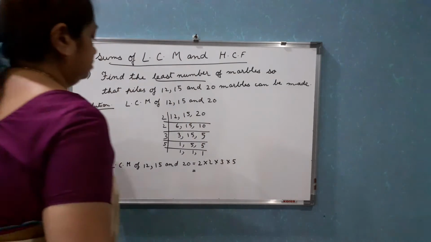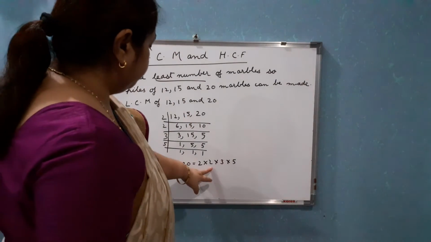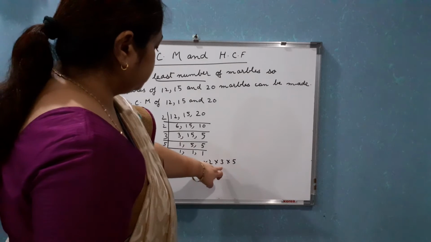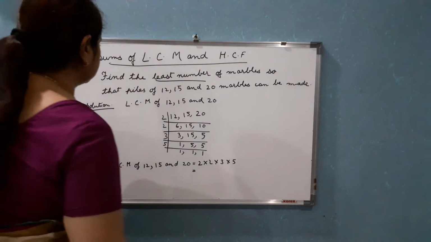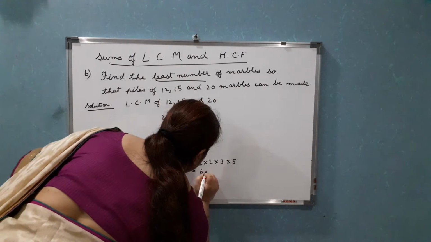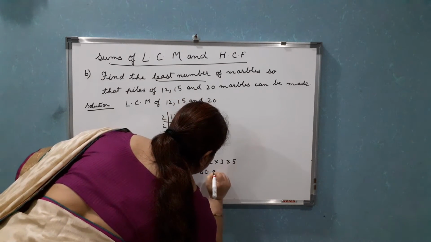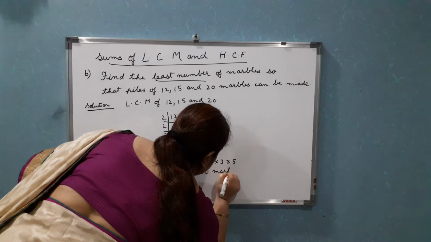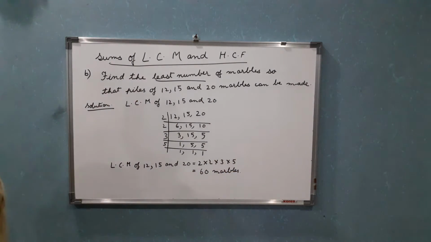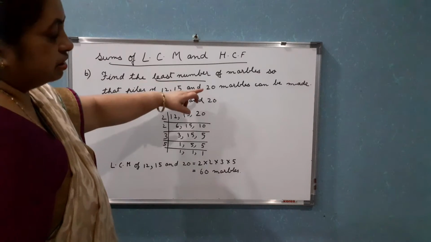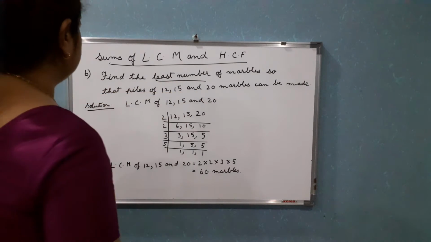So 2 2s are 4, 4 3s are 12. 12 into 5 is 60. So 60 marbles. So this is your answer. Okay. So when there is mentioned least number, you find out the LCM.